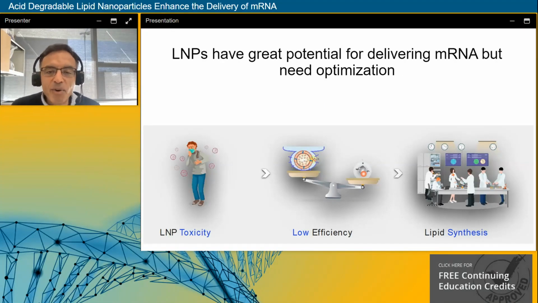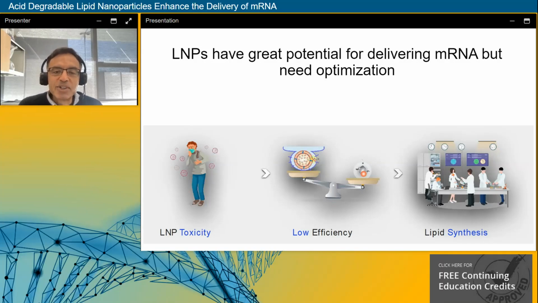As you all may know, lipid nanoparticles have great potential for delivering messenger RNA. However, before their vast therapeutic potential can be utilized, they need significant optimization.